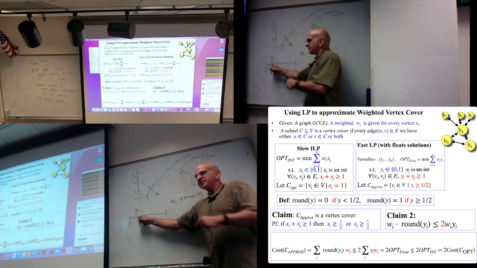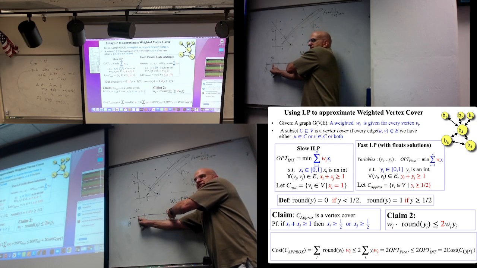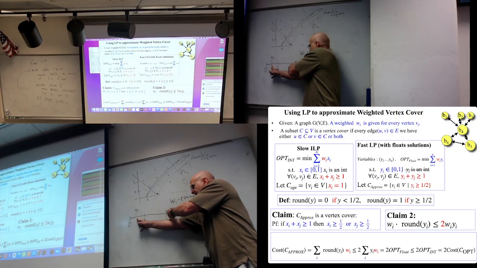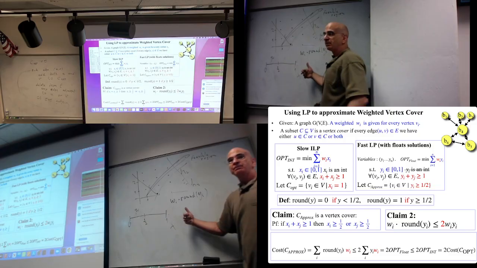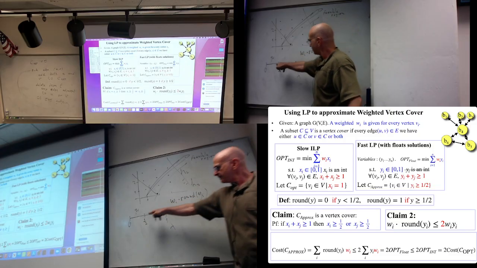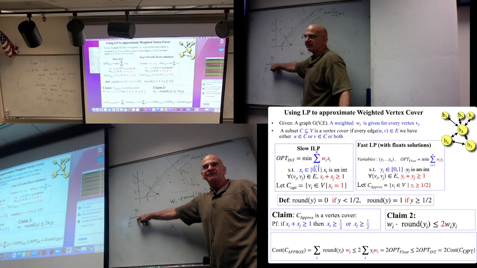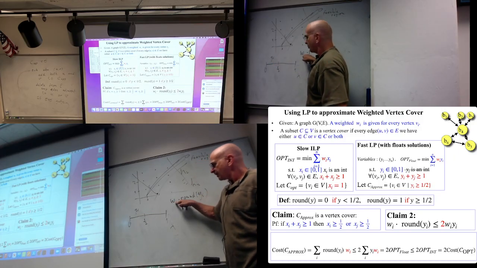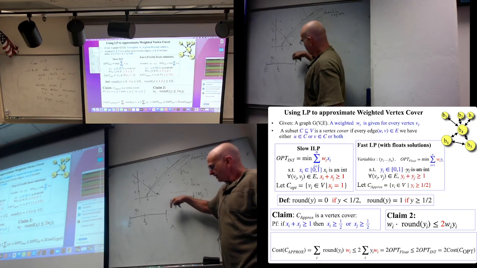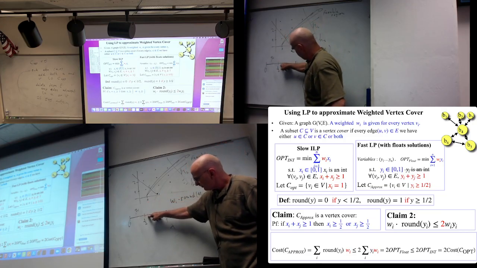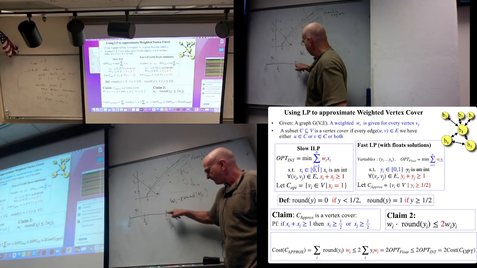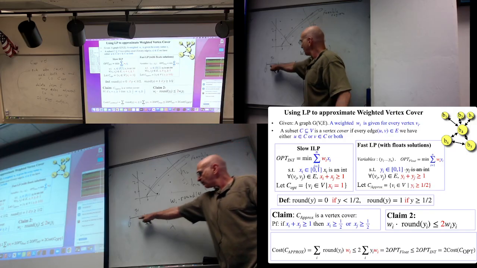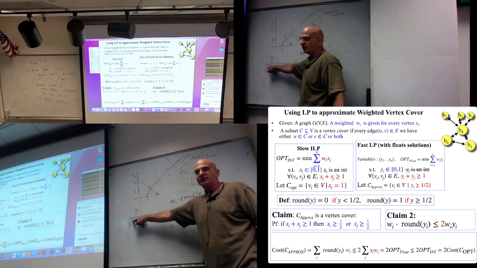If I take a vertex here, if that's a value of yi, say a third, and I'll take it nevertheless, I need to pay 3 times what was its original value. But here, whatever the cost of this vertex is, since I'm only taking it from values that are at least half into a value of 1, if it's smaller than half, I eliminate it completely.